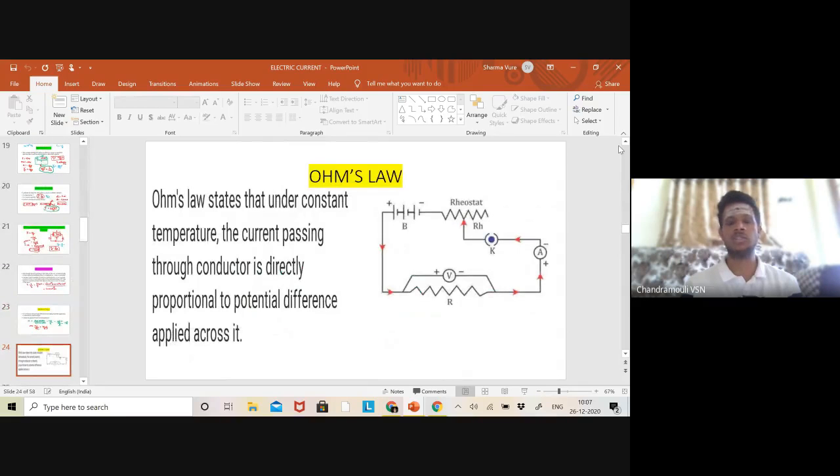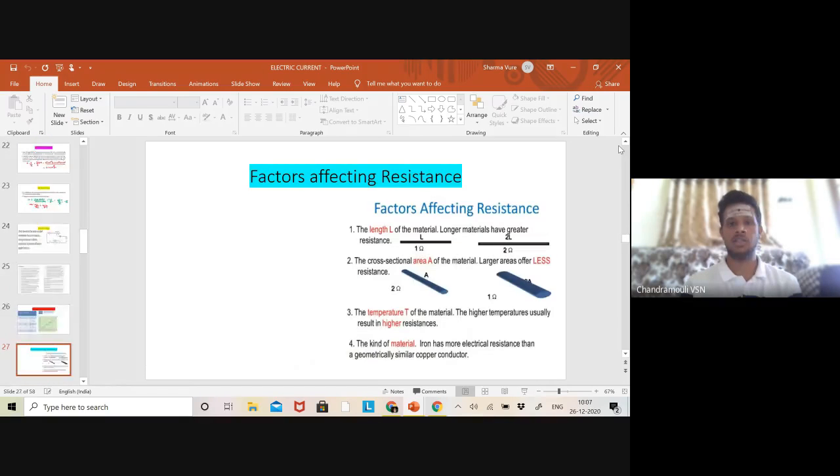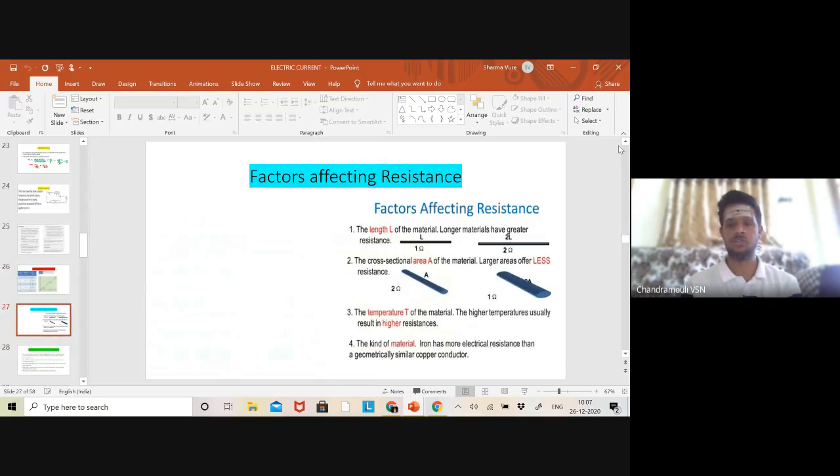Ohm's law: at a constant temperature, the current passing through a conductor is directly proportional to the potential difference. I proportional to V, V is equal to IR. We also studied ohmic and non-ohmic conductors. These are the factors affecting resistance.